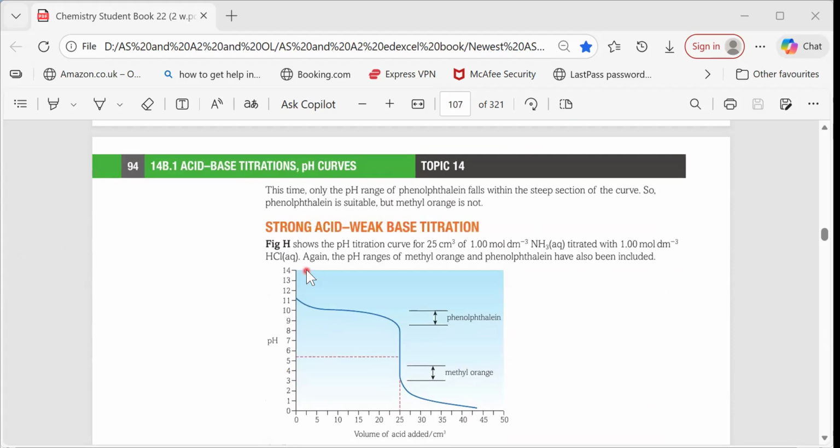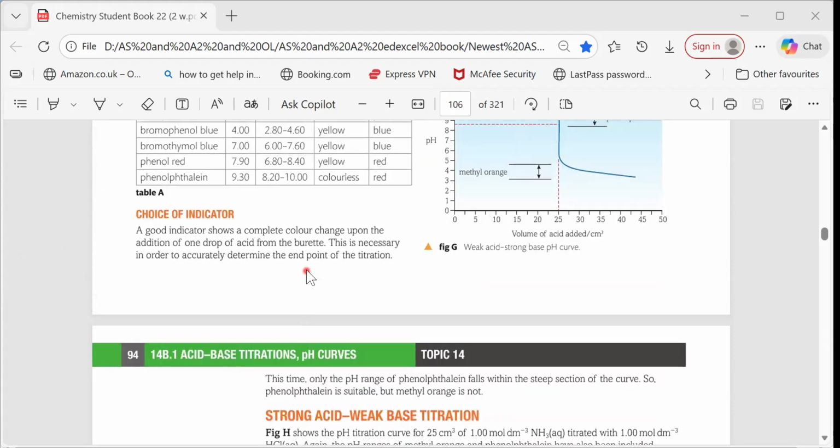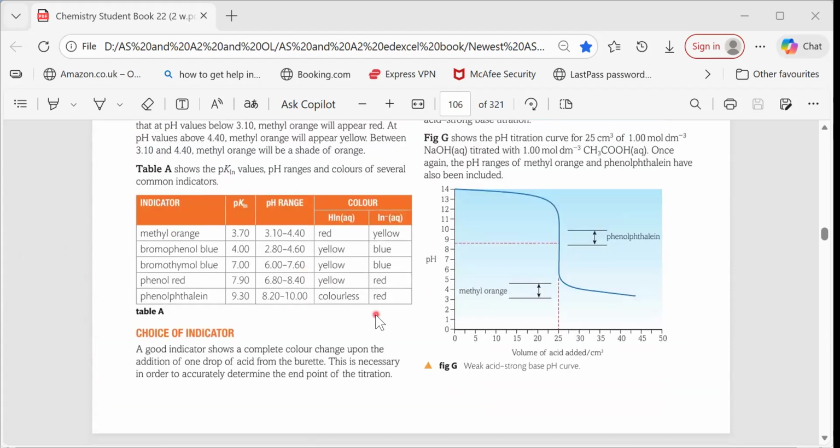Yes, Omar? Miss, what if the range of the indicator is smaller than the vertical line? If, like in methyl orange, they will tell you what happens if you are titrating using methyl orange for such a reaction.